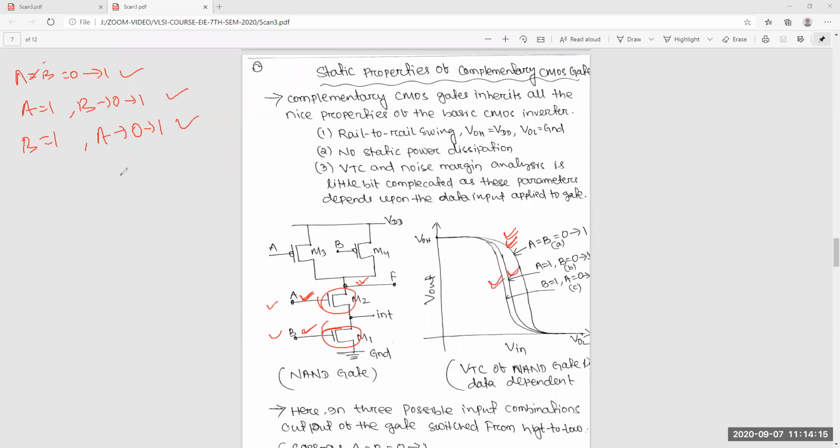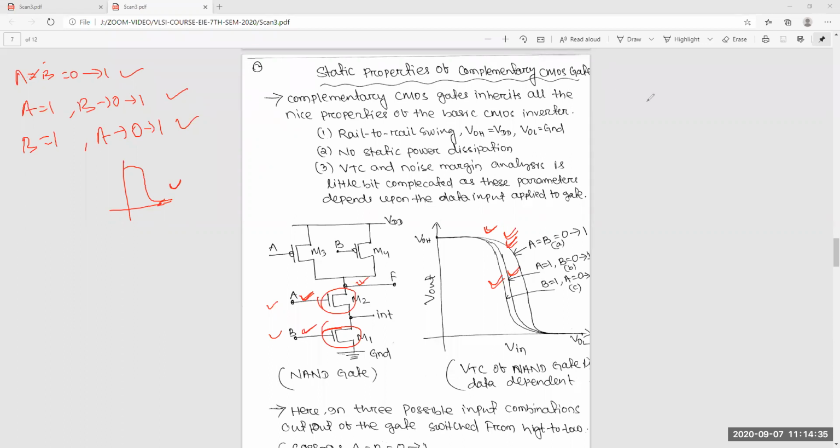But why these 3 different curves? In the inverter case there was a single curve, but here we are getting 3 different curves with different shifts. Can anyone explain this?